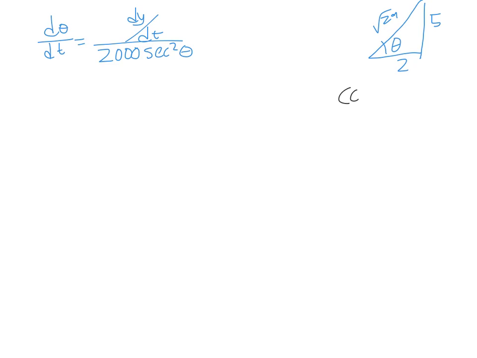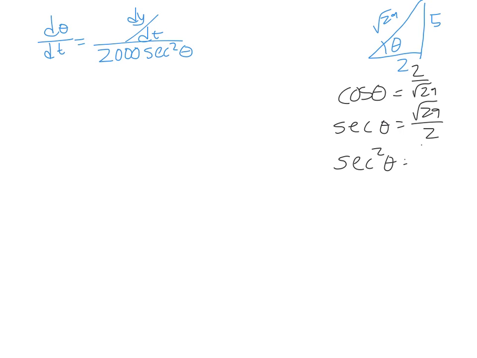So if I come back over here to my triangle, I know cosine theta is 2 over radical 29, which means that secant theta is radical 29 over 2, and secant squared theta is 29 over 4.